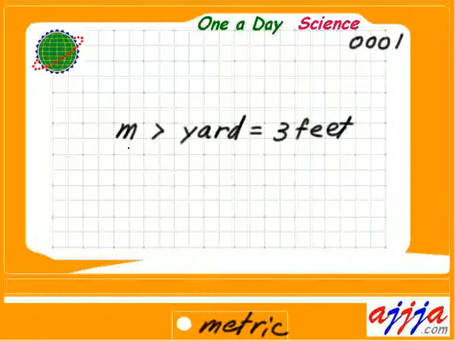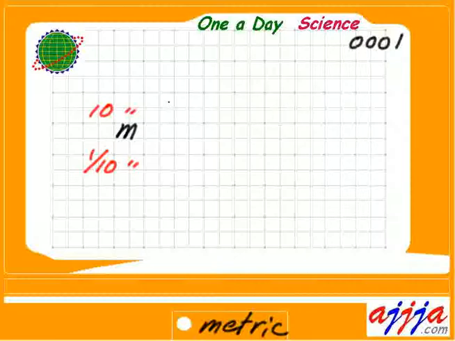How about meter? We're talking about 10 meters, and definitely we have to talk about 10 meters. So what about 1/10 of a meter? That means 1 meter divided by 10. 10 meters we call deca.